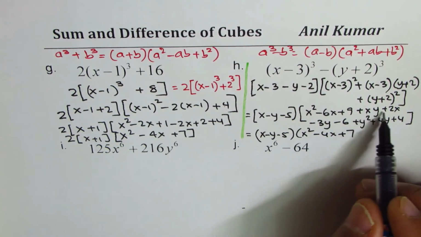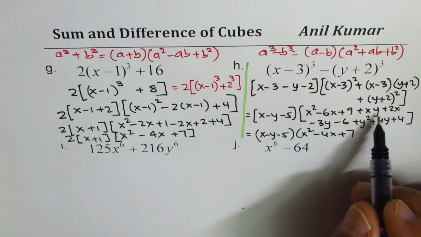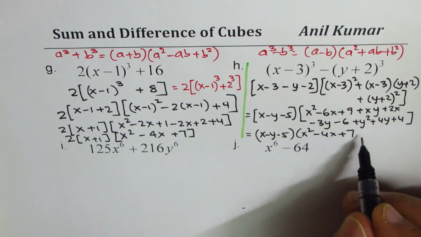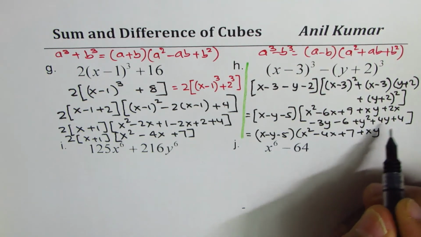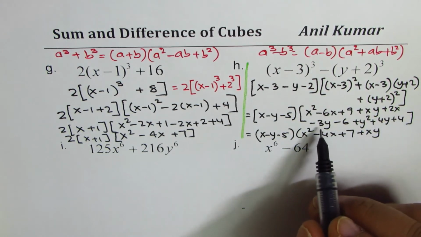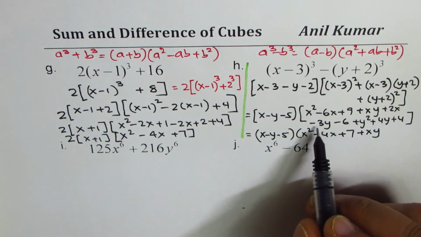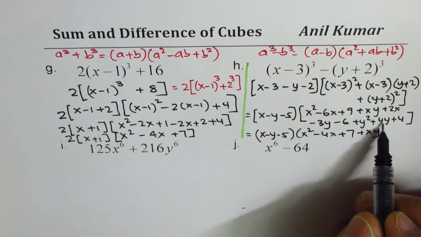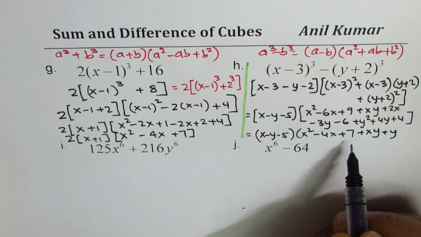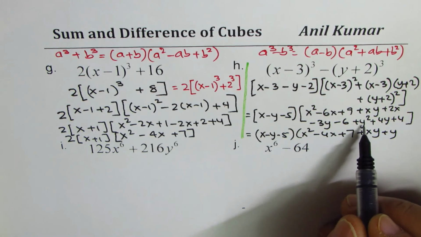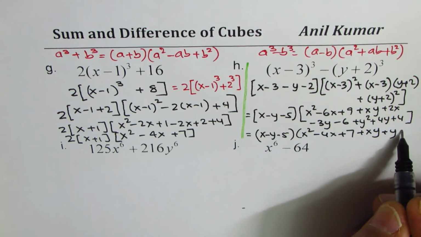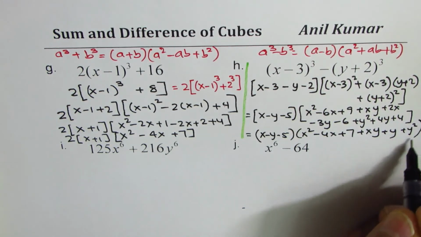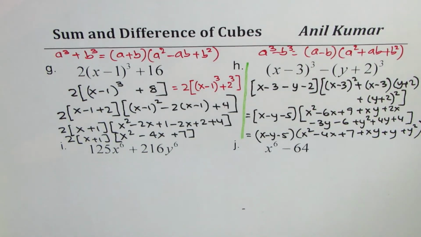XY terms, we have one xy, no other xy, so we'll just write xy here. 2x we have already considered, and now let's talk about y's. Minus 3y and plus 4y gives us 1y, right? And y square, we have 1 y square, so plus y square. So that becomes the factored form for the given expression.